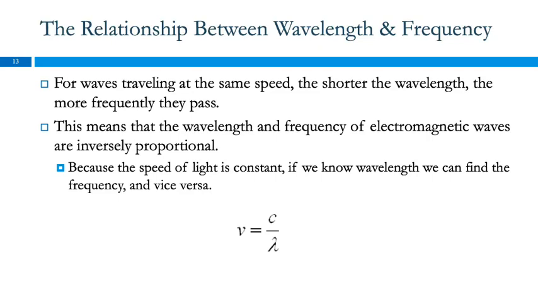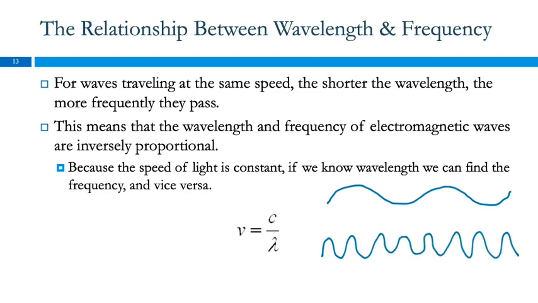So I'm going to draw you another crappy picture. We can look at a wave like this or a wave like this. The wavelength here is long, right? And the wavelength here is short.